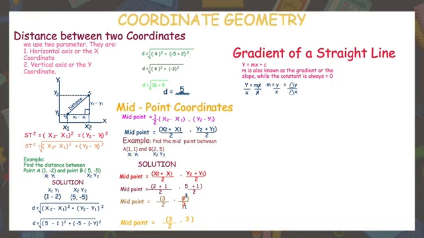Then for the x coordinate, the increase is x2 minus x1. That means our m, which is the gradient of the graph, is equal to y2 minus y1 over x2 minus x1.